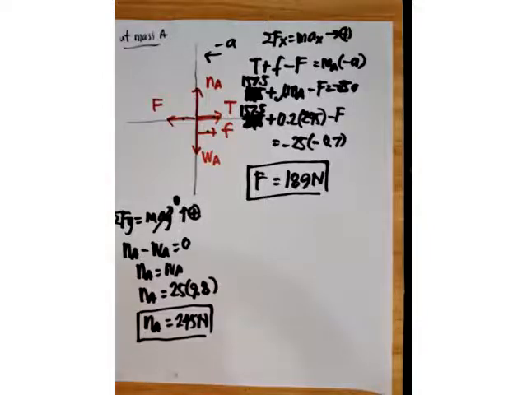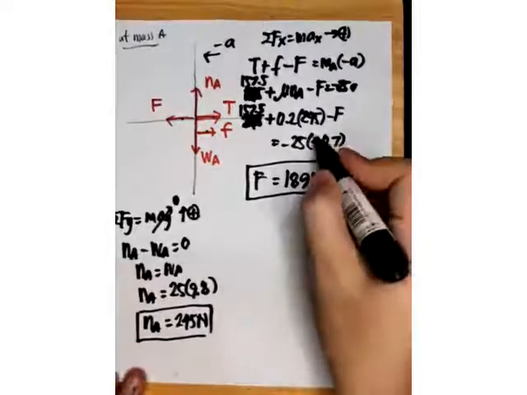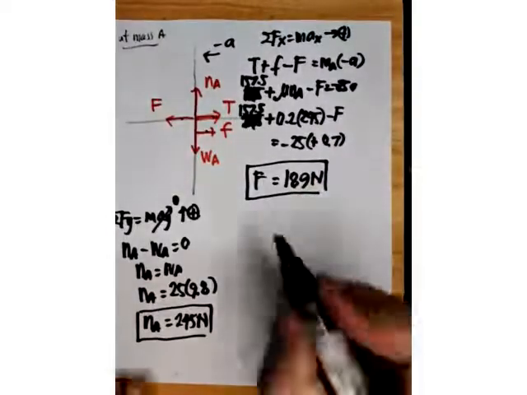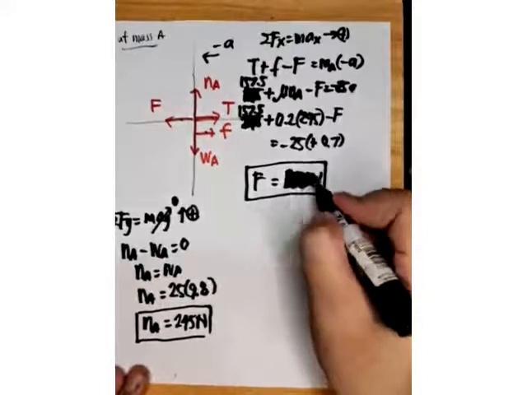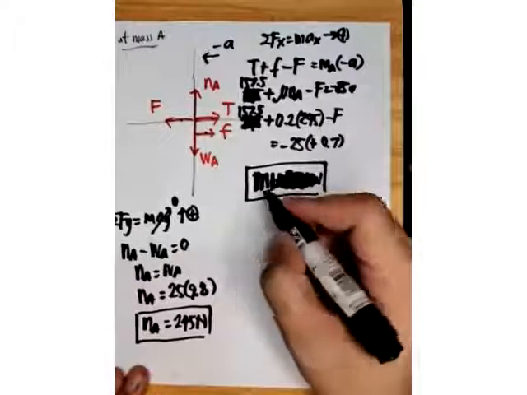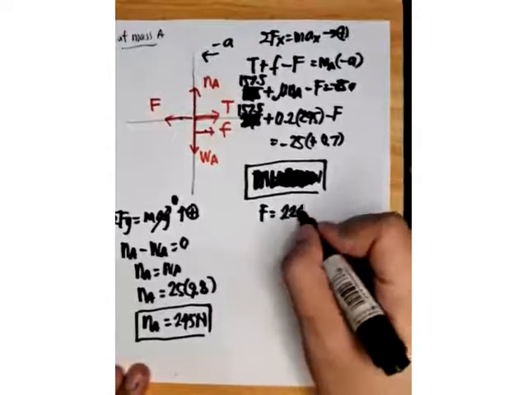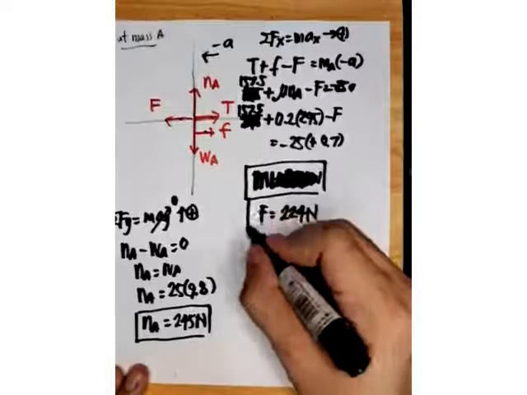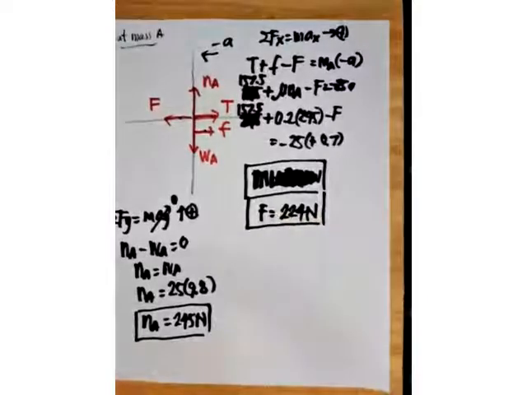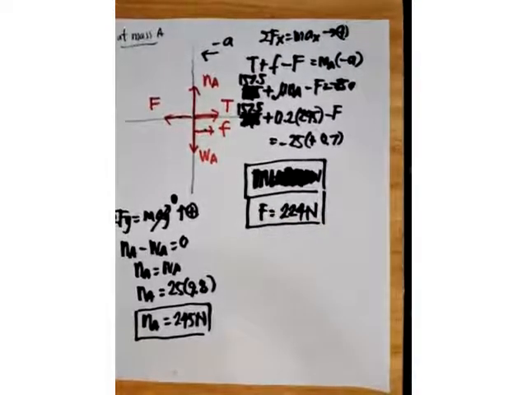Ay, sorry. Naka-negative na pala to, so that should be positive. So yung force is equal to, magpa-plus pala siya, plus 25 times 0.7. 224 newtons. Ayan. 157.5 plus 0.2 times 245 plus 25 times 0.7. Okay, 224 newtons.